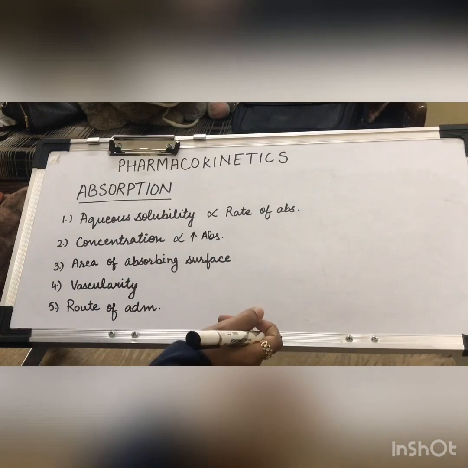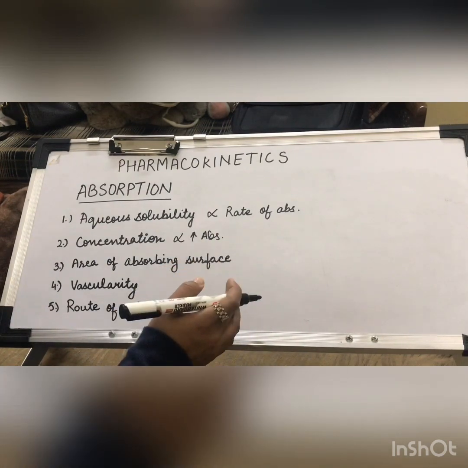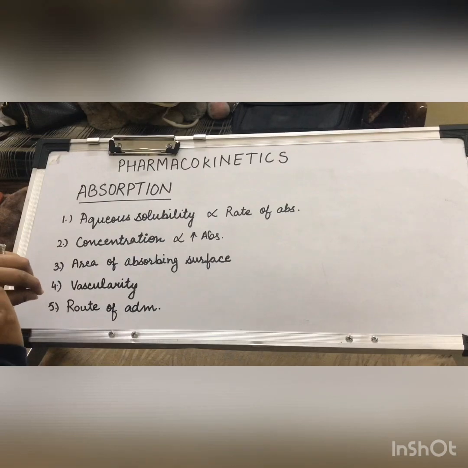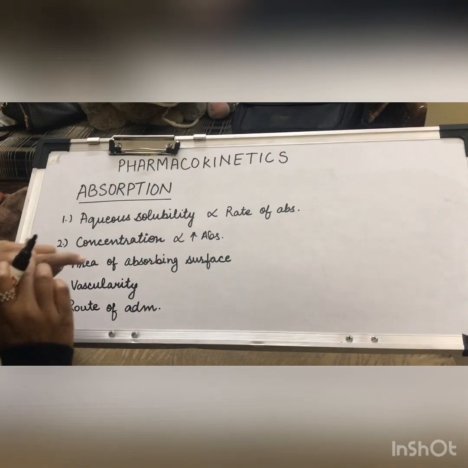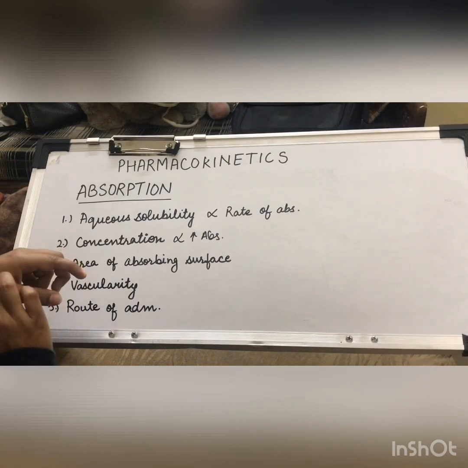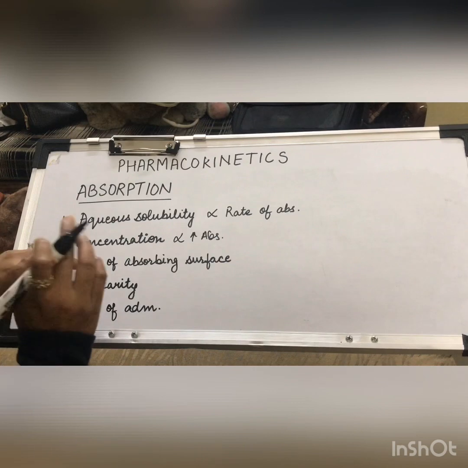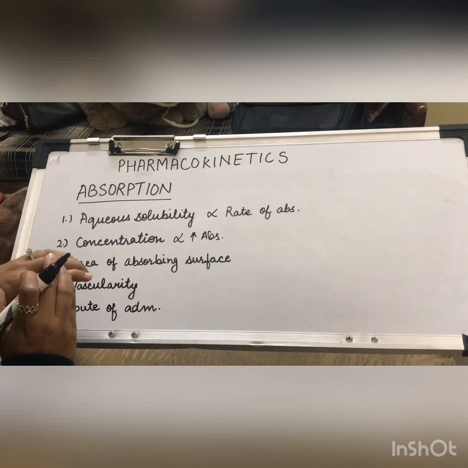Similarly, for area of absorbing surface, for example, if you apply a moisturizer or any ointment on one part of your finger and you are not rubbing it around the other parts, then it will take a lot of time to get absorbed into the skin.